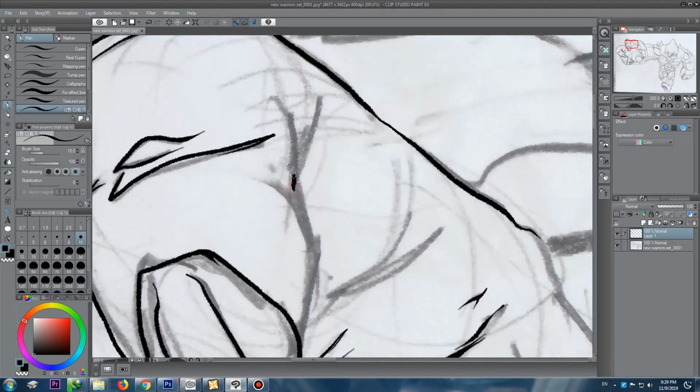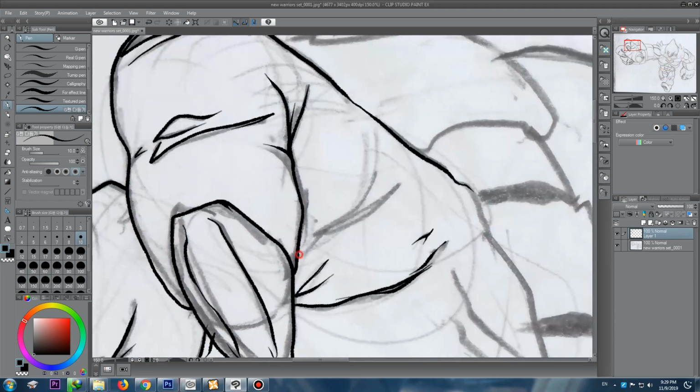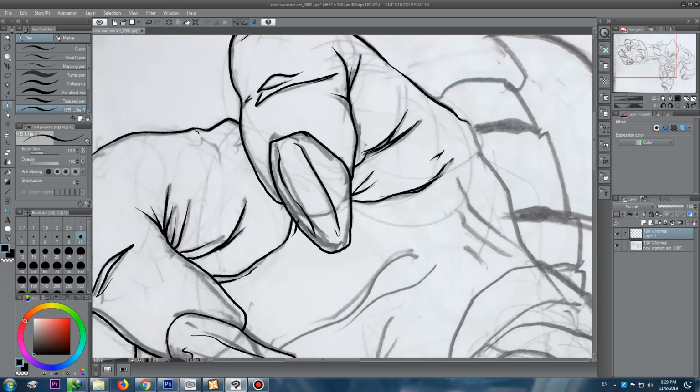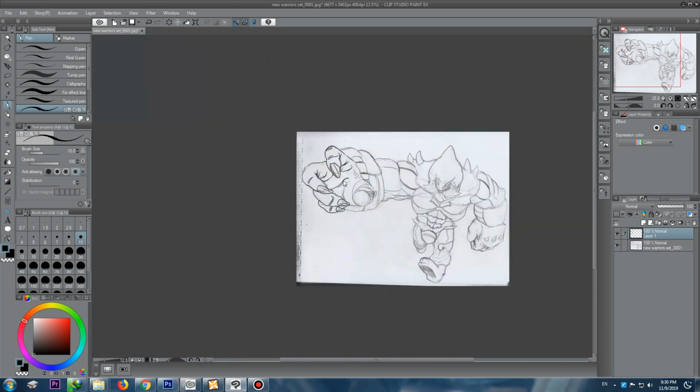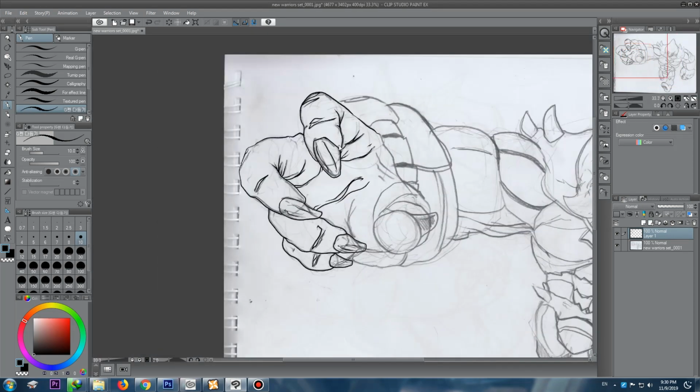The body mass here is the one that I find most artists fall short on, and they don't make it very good. The body mass is very important.